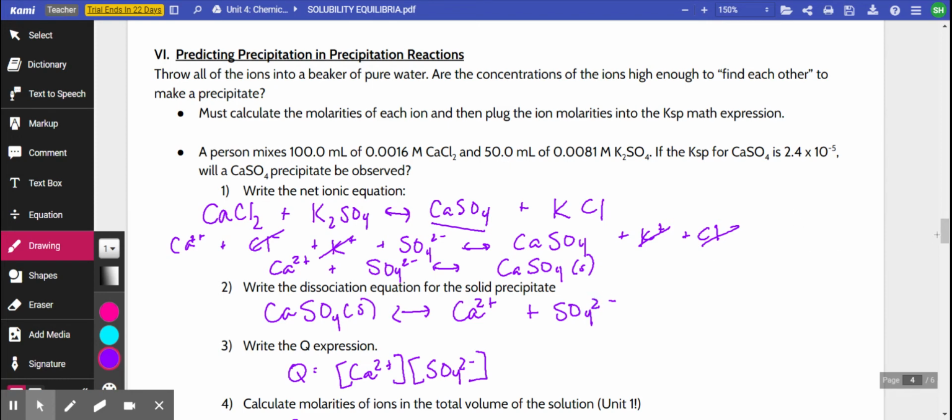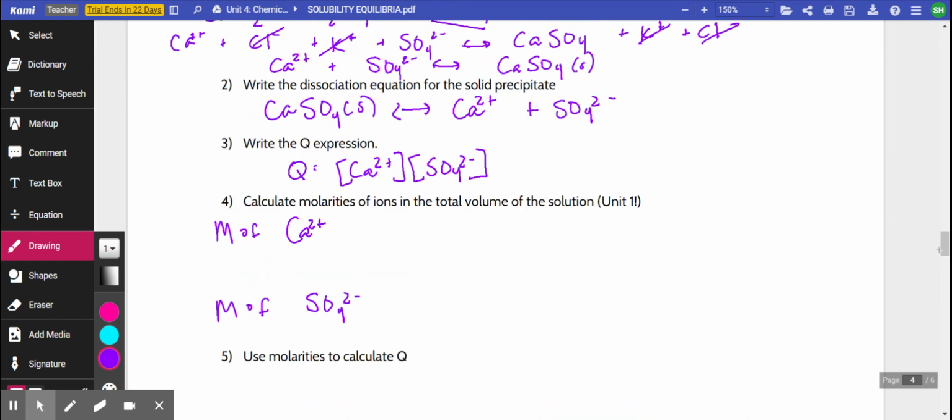Let's go back down here. We're going to multiply the initial volume of the calcium, which I'm going to change to liters, 0.1000 liters, times the molarity of 0.0016 moles per liter, so the liters cancel. That's divided by the total volume of the solution once both solutions are added together, which is 0.1500 liters.